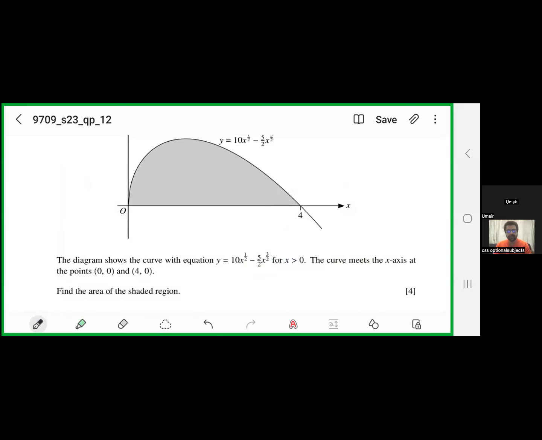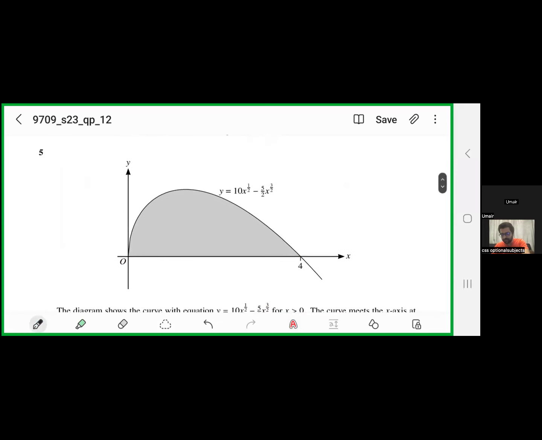In order to find the shaded area under the curve, you have to integrate the equation of the curve from 0 to 4. So let us integrate the equation.